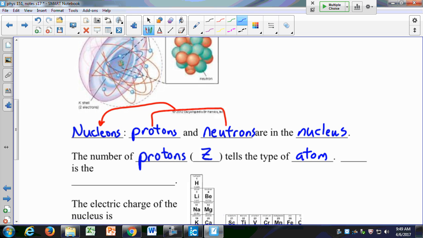If you change the number of protons, you change the atom. Right? If you have one proton, you have hydrogen. If you add a proton, then you have helium, right? So the number of protons gives the type of atom that it is. Z is the atomic number.